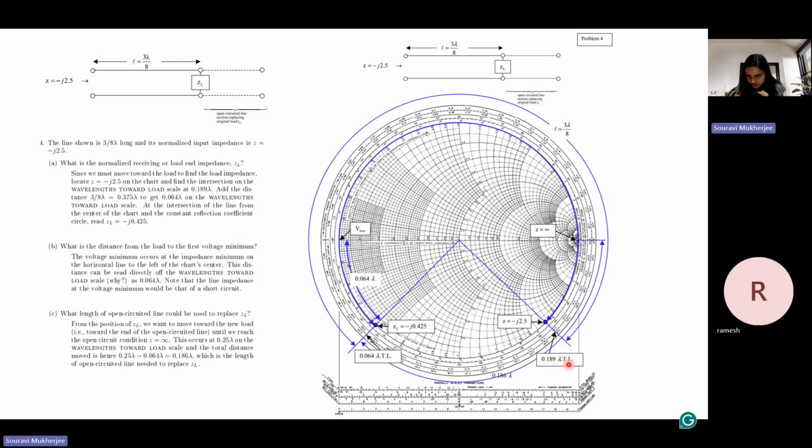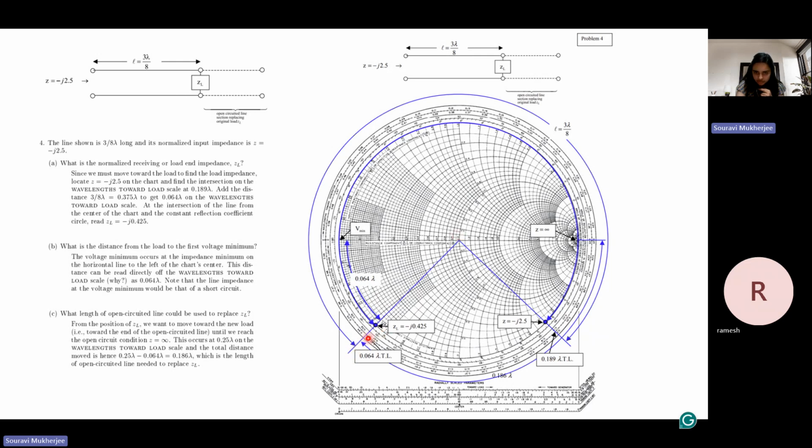So be careful about using this scale. Now you cannot go clockwise. You have to go counterclockwise so that you go towards the load. Go by that distance counterclockwise and you end up here. Now again draw a line inwards.